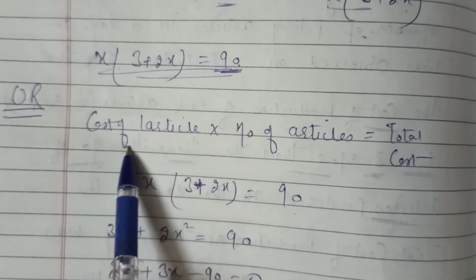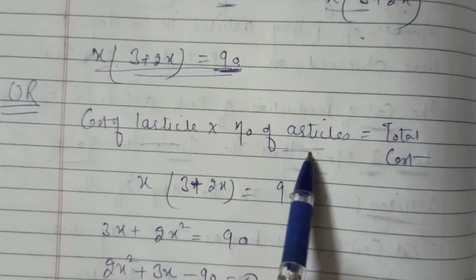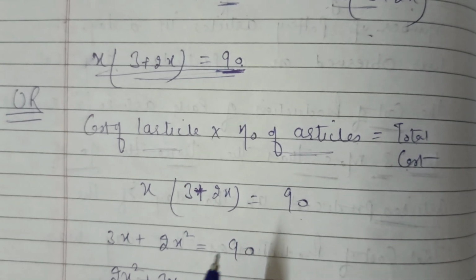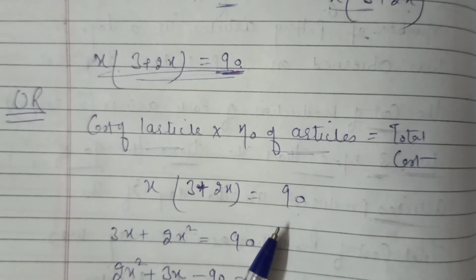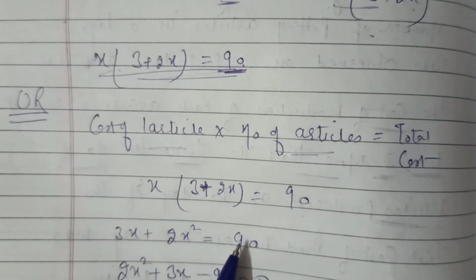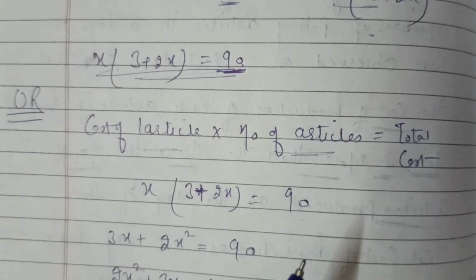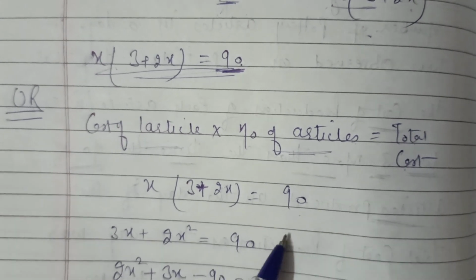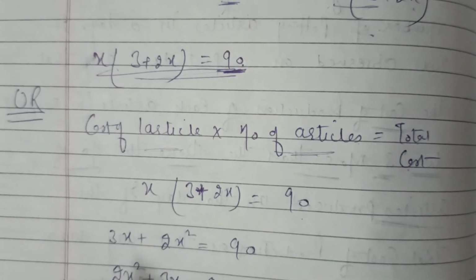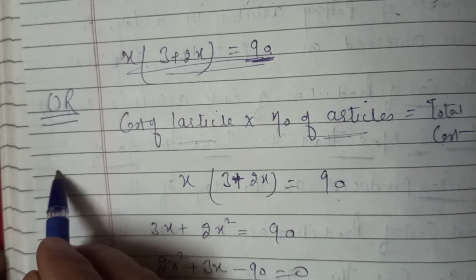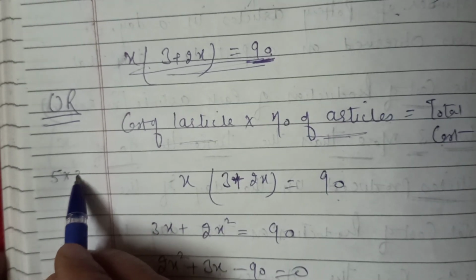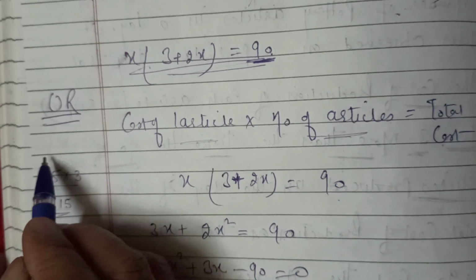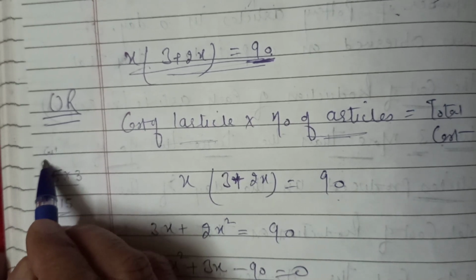And the direct way is this. You know, cost of one article into number of articles is the total cost. Suppose you purchase one pen with rupees 5 and you have to purchase 3 pens. The cost of 3 pens will be 15 rupees. Means cost of one pen, 5, into number of pens, 3, you will get total cost.